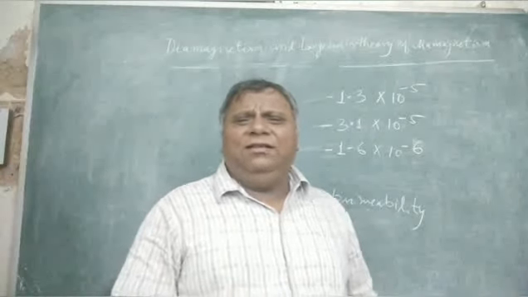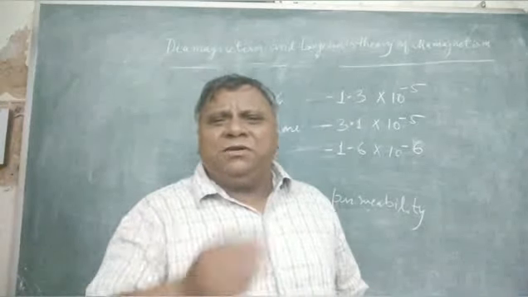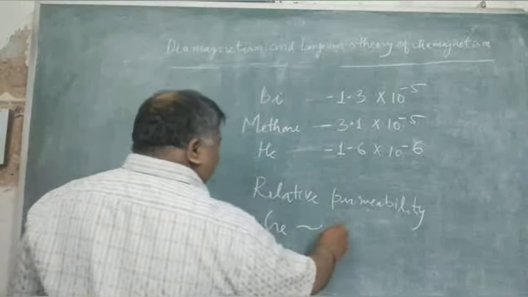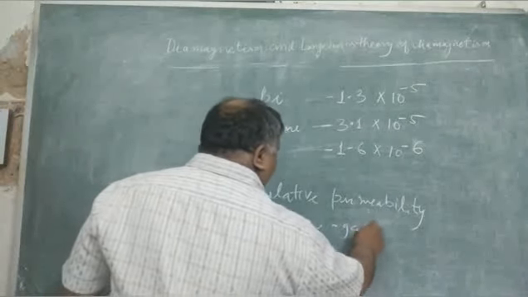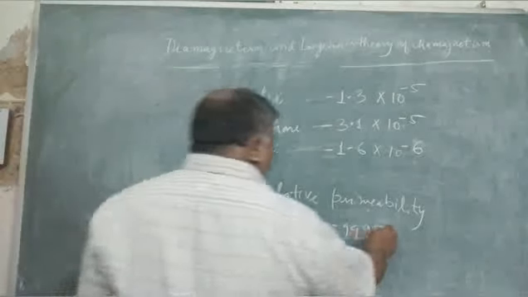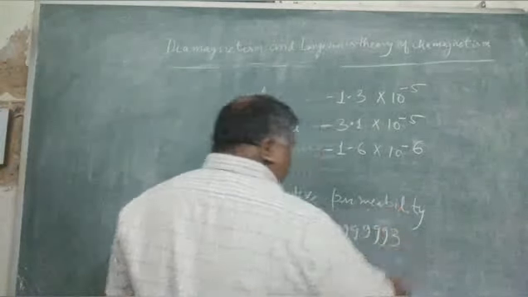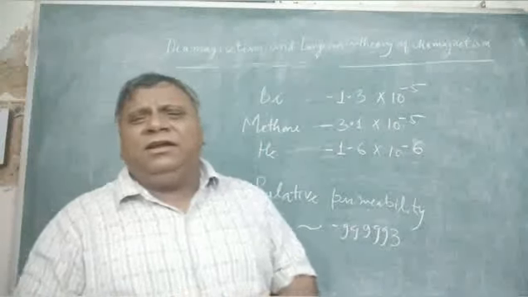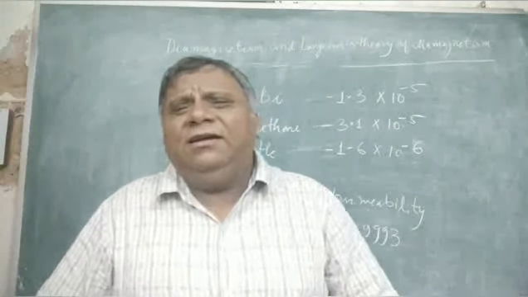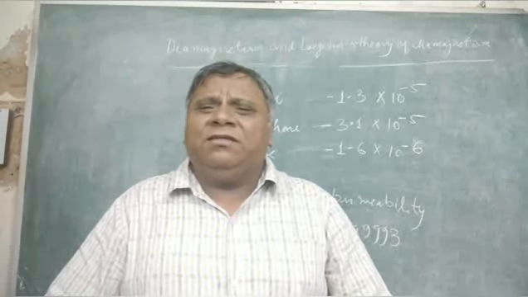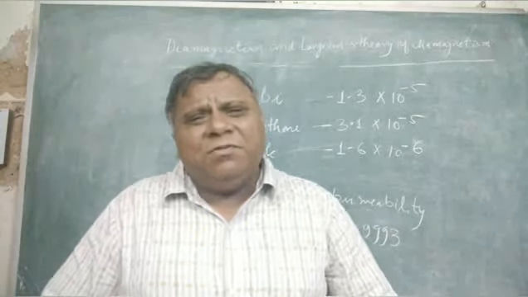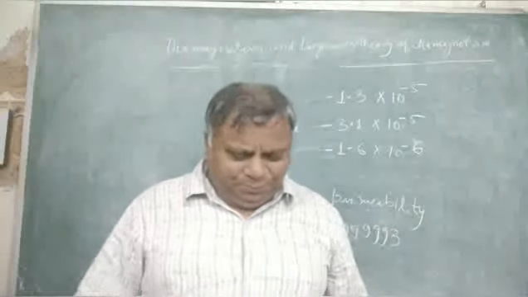For example, the relative permeability of germanium is 0.99993. So susceptibility is generally of the order of 10 to the power minus 6, and permeability is less than 1.